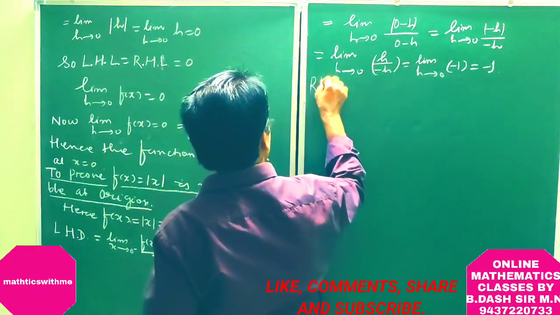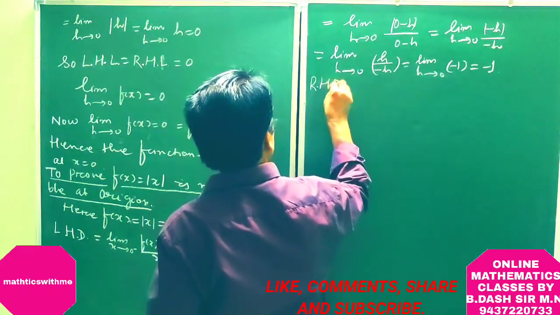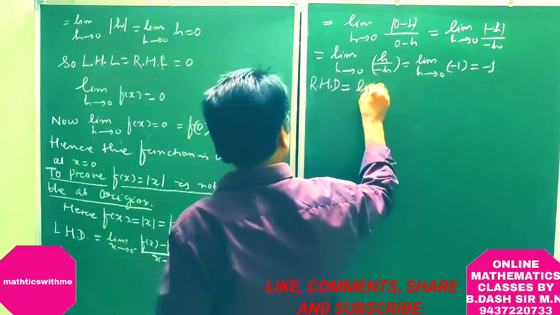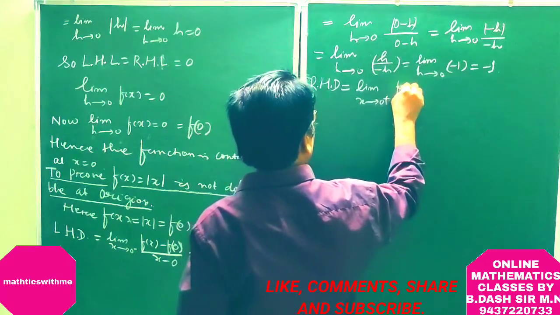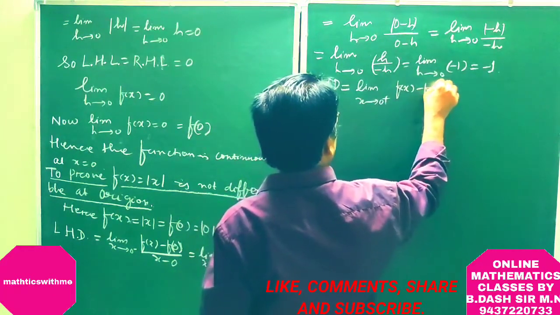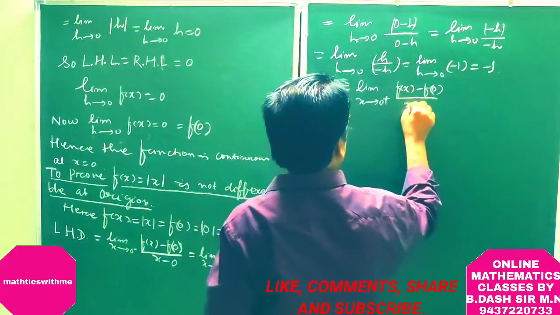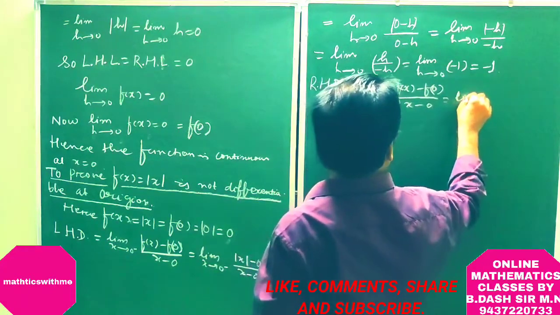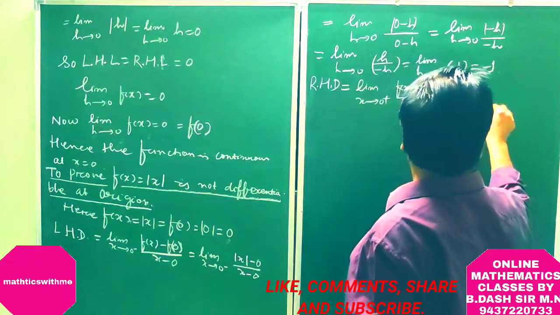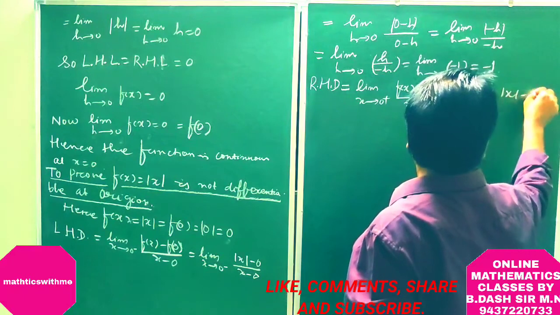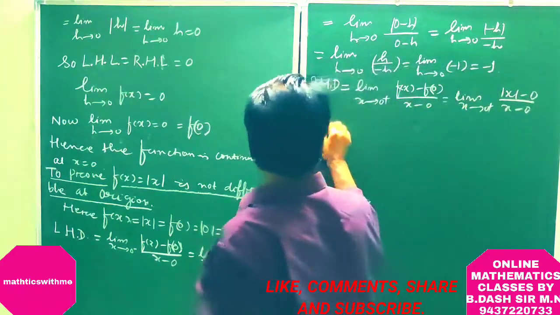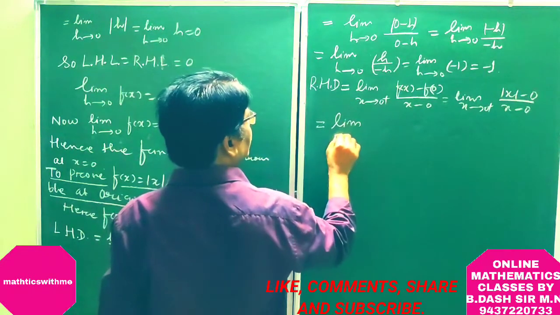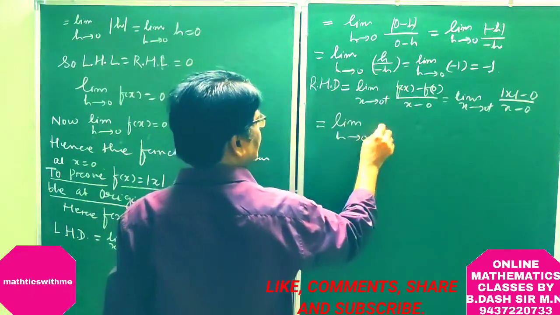Now the right hand derivative. Limit x tending to 0 plus f(x) minus f(0) by x minus 0. This is the limit x tending to 0 plus mod x minus 0 by x minus 0. This is equal to limit h tending to 0.